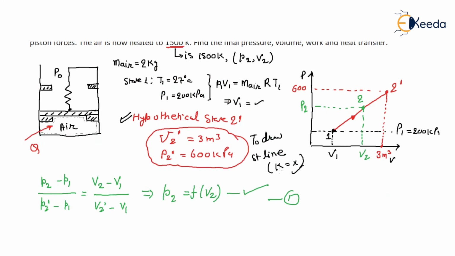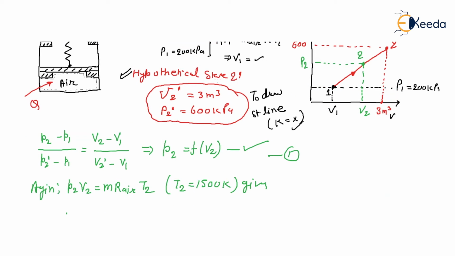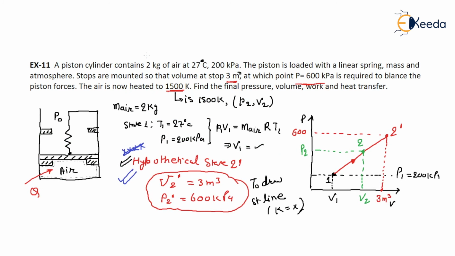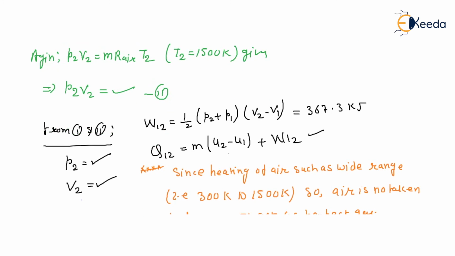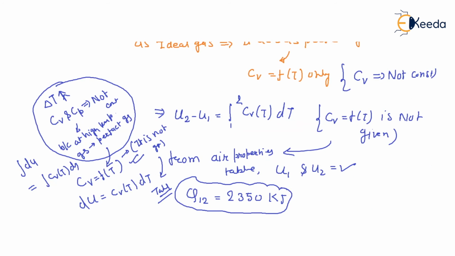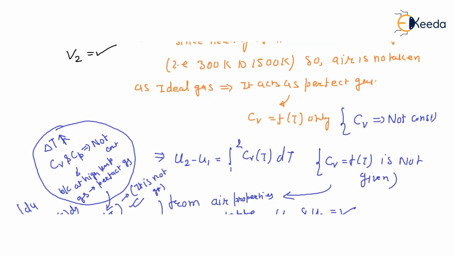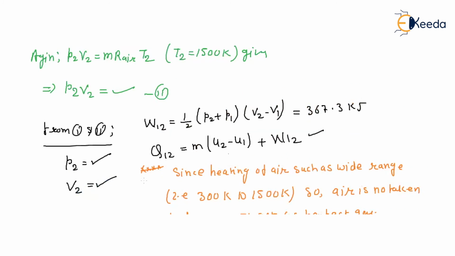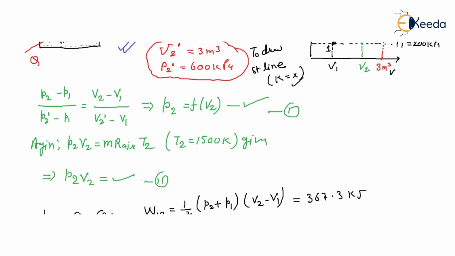So in this question there are two important things. One is that a hypothetical point is given, not the actual point. The actual point is at 1500 Kelvin. The other thing is that at a wide range of temperature, the gas does not act as an ideal gas, rather it acts as a perfect gas.